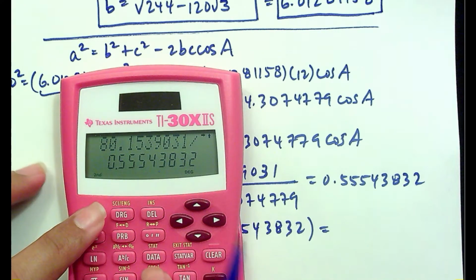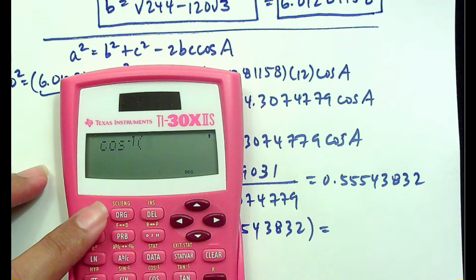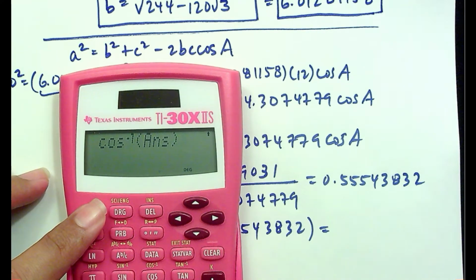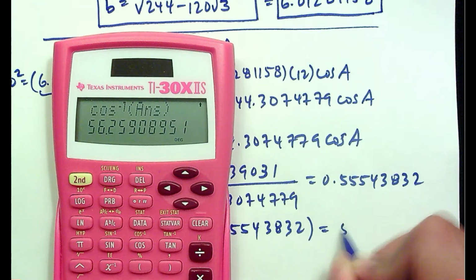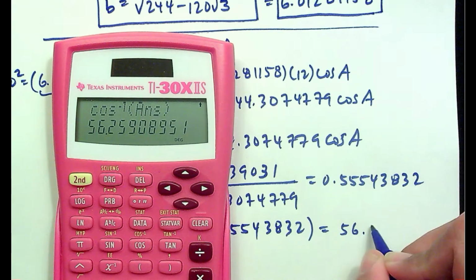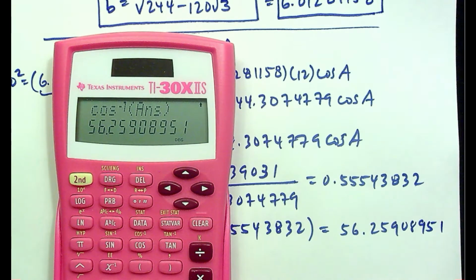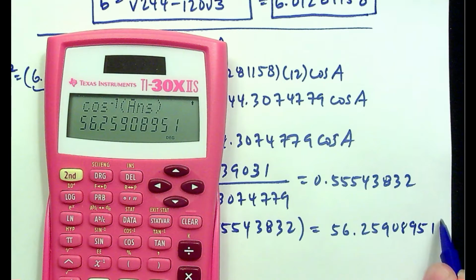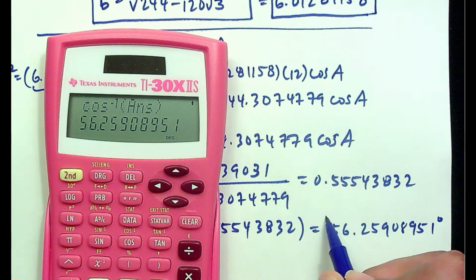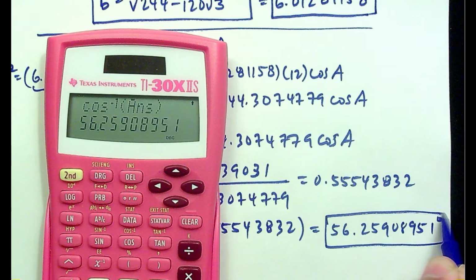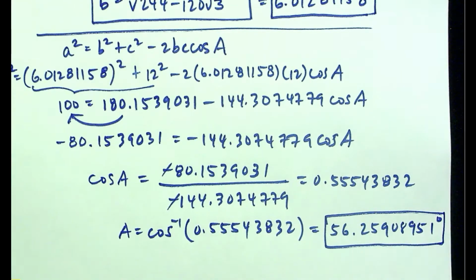Cosine inverse of that answer equals 56.2590895 degrees. So that would be A.